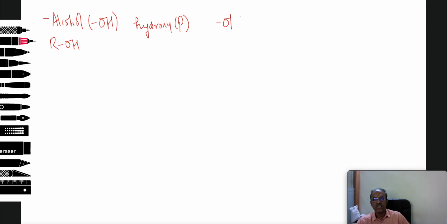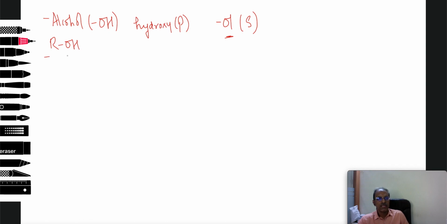As in the case of aldehyde, if you see the previous slide, the suffix for aldehyde was al. For ketone, it was ol. Similarly, for alcohol, it is ol. Fine?